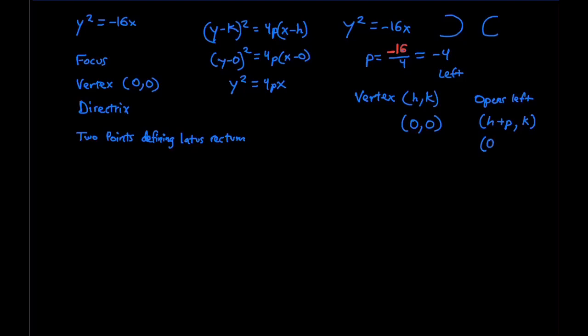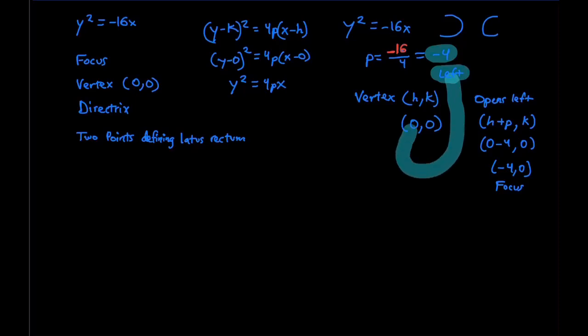When you add negative 4, you can just say you're subtracting 4, leave the k as a 0, and you get the next point of information. This is the focus. So to summarize, once you know what p is, and you know it's going left, then you go ahead and add it to the h coordinate of the vertex, and that gives you the focus.